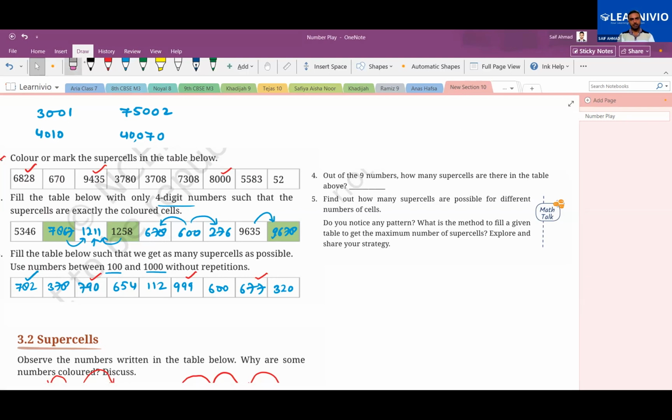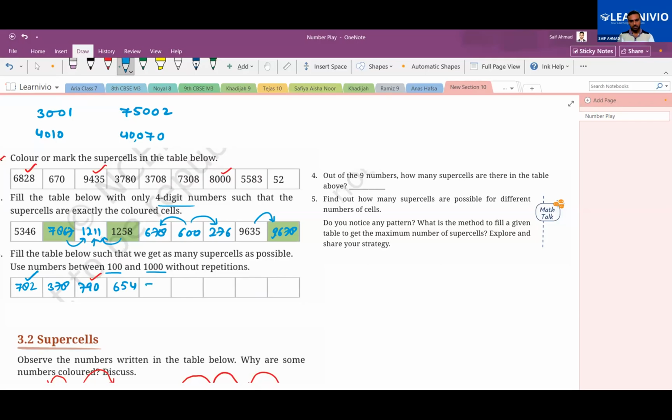If you are using a greater number in the first column, 782, then you have to do 790. Then you have to use a greater number here in place of 112. You have to rewrite the numbers, because there can be 5 supercells.